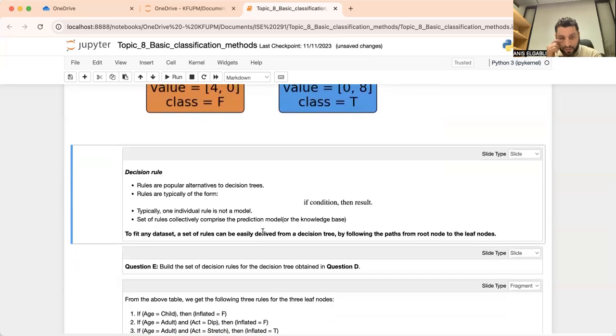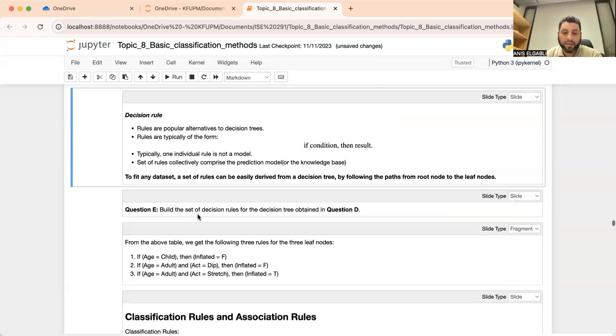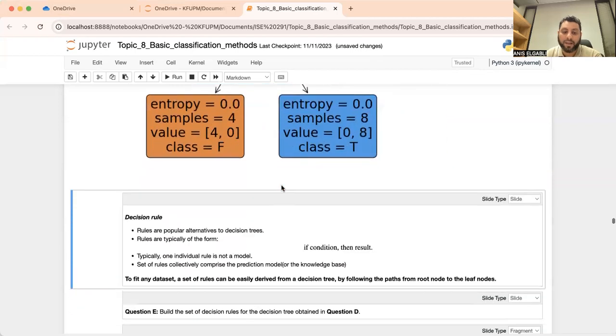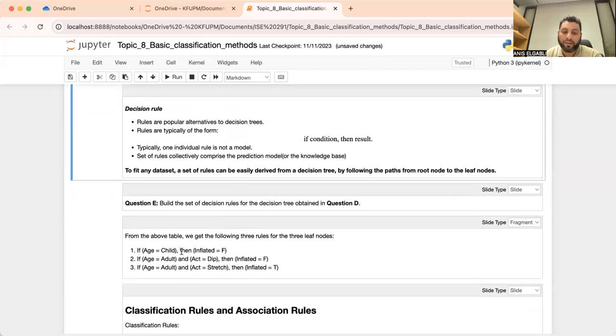Okay, so now let's look at decision rules we can extract from this. Decision rules: after you build the decision tree, you can actually write it as a set of classification or decision rules. Okay, if you have a condition and then there is a result. Rules are popular alternatives to decision trees. Rules are typically of this form.